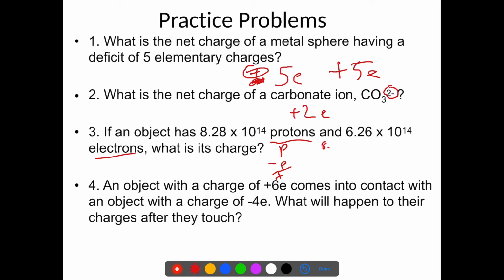Anyways, I'm going to do this real quick. 8.28 times 10 to the 14 minus 6.26 times 10 to the 14, and I'm going to get 2.02 times 10 to the 14 e.